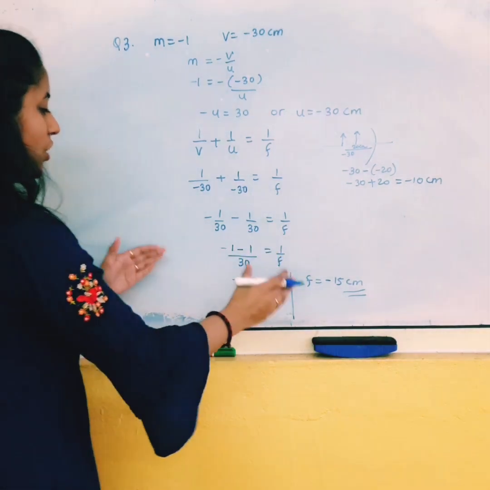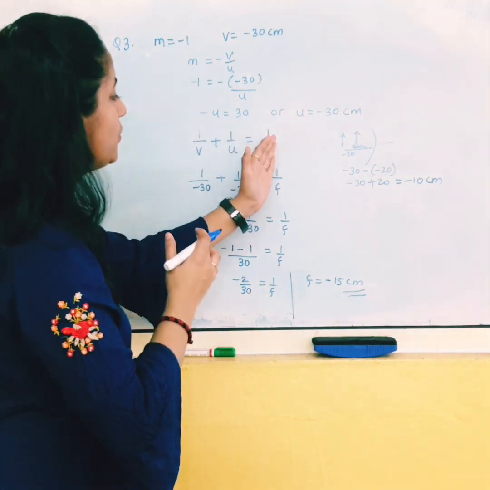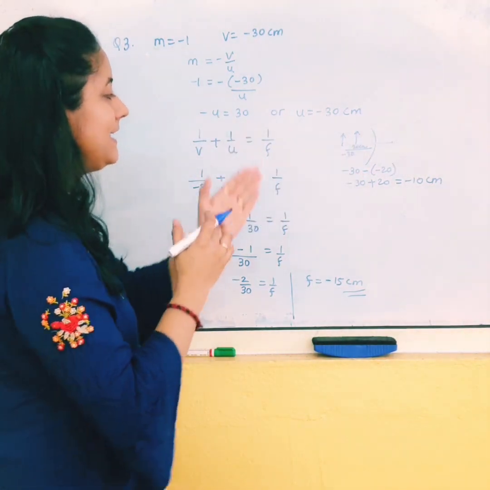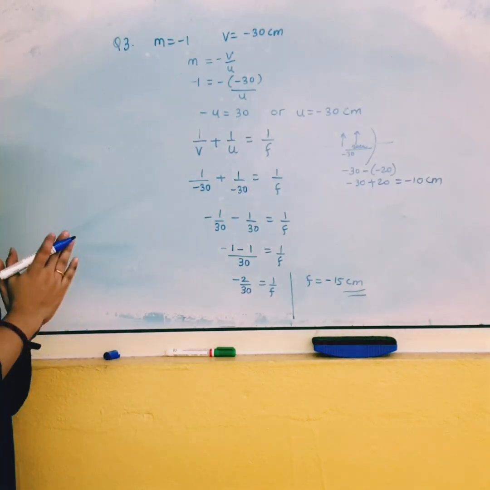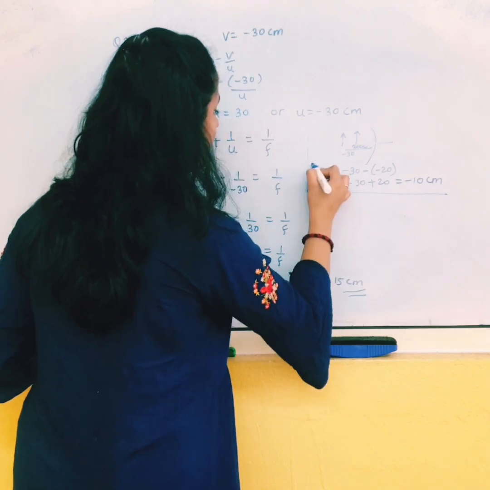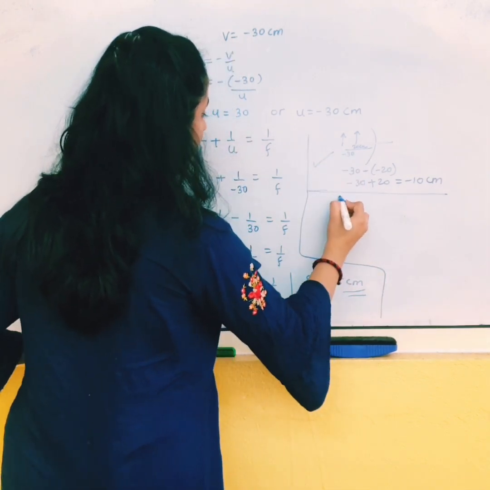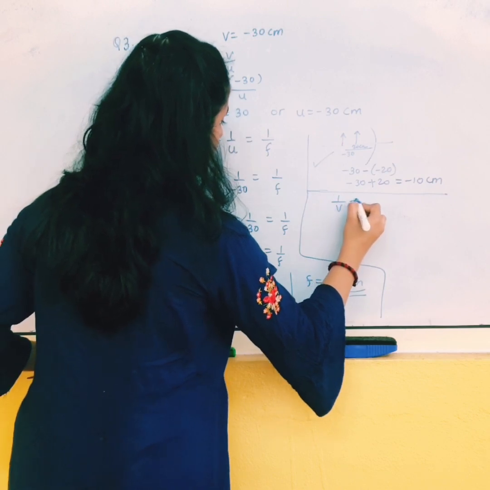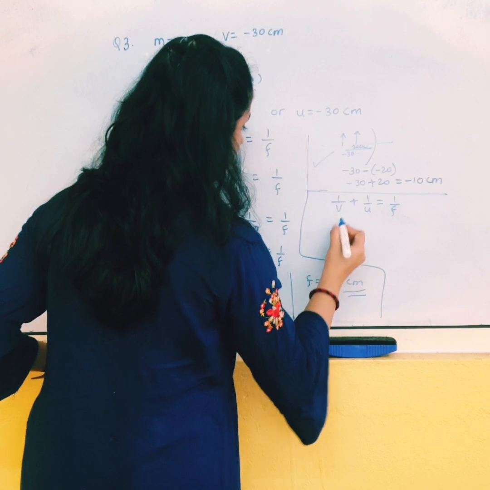Now the question is not over here. You are supposed to find when the object is moved towards the mirror, 20 centimeter towards the mirror, where the image will be formed. So now next case, you need to first show this calculation, and after that you can calculate the image distance.